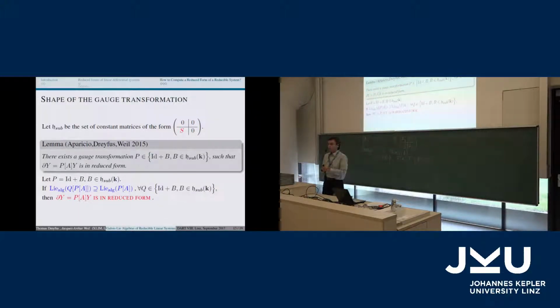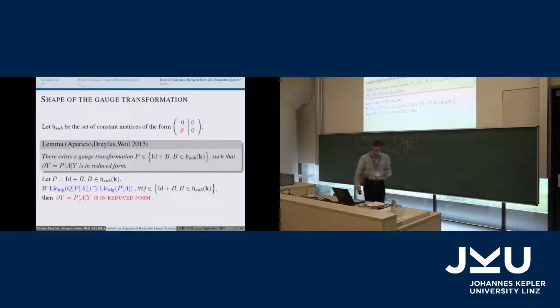And I will not give you a proof, but I will give you at least an argument. If there was something on the diagonal that transformed the system, because you assume that this was in reduced form, somehow you could take the inverse of that thing. So as this is already in a desired form, you don't need to change this, and you just need to act on this. So this is why you can put it like that. Of course, the proof is a bit more elaborate, but that's really the spirit.